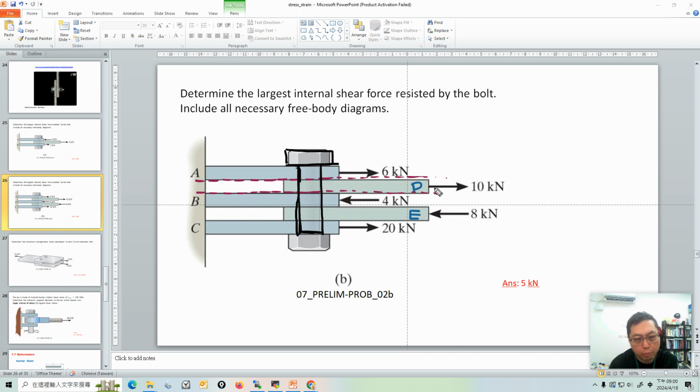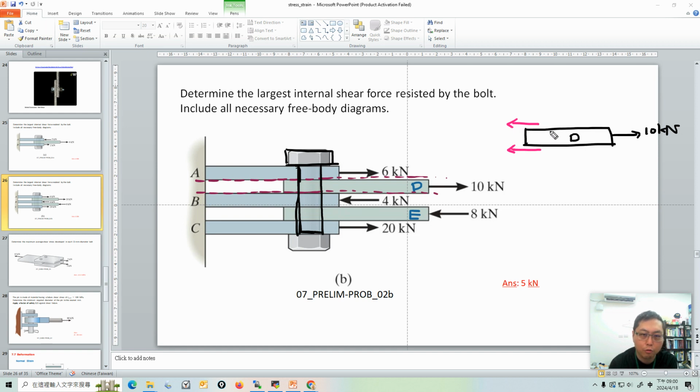When I apply force on D, D will be subject to the friction from A and from B. So let's draw a free body diagram on D. This is D, and here is 10 kilonewton to the right, pulling D to the right, so D is subject to friction from A and B. This friction is also the shear force, because the force lies on this plane.